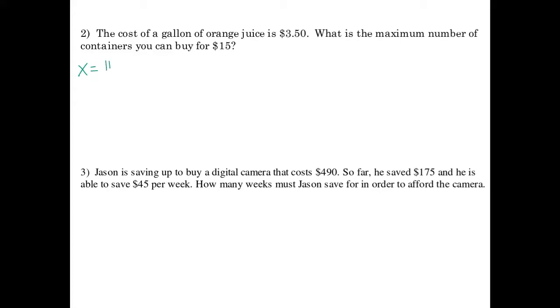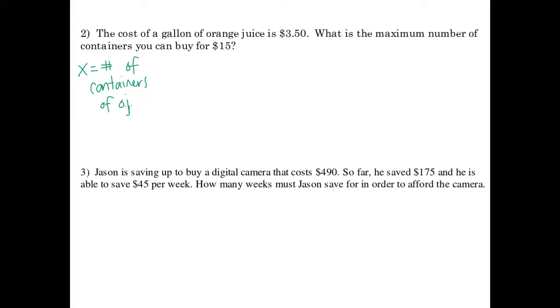So I'm going to say X is number of containers of orange juice. And we don't have a lot of information here. It just says the cost of a gallon of orange juice is $3.50, and we have $15 that we can use to spend on those containers.